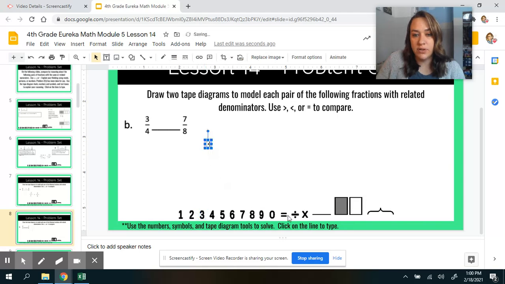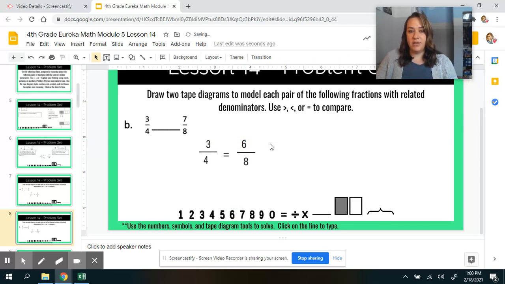So 3/4, I'm going to convert this to 8ths using multiplication. So 4 times 2 gives me 8. Whatever I do at the bottom, I need to do to the top. So 3 times 2 gives me 6.